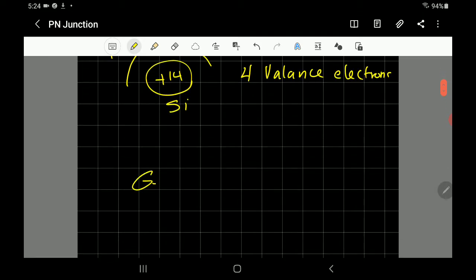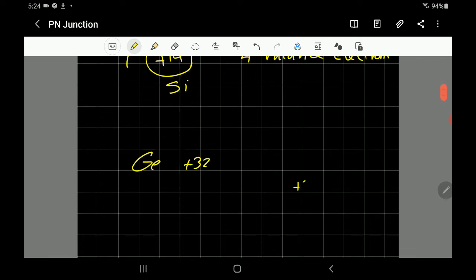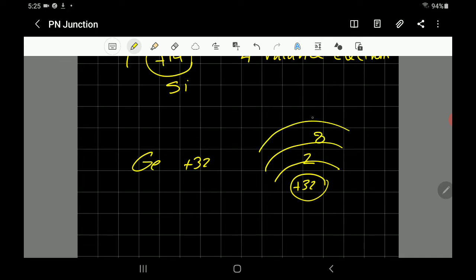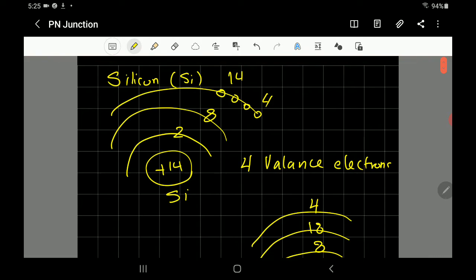We have another material, also germanium. Germanium has atomic number 32, so 32 protons, and it will also have 32 electrons. If you look at the structure of germanium, the first orbit is filled with 2 electrons, the second with 8, the third with 18, and the last with 4 valence electrons. So it is very similar to silicon.